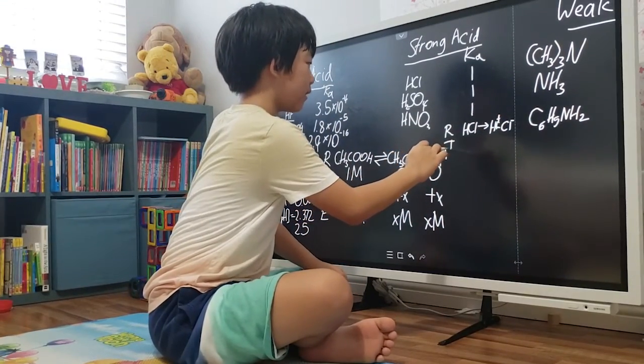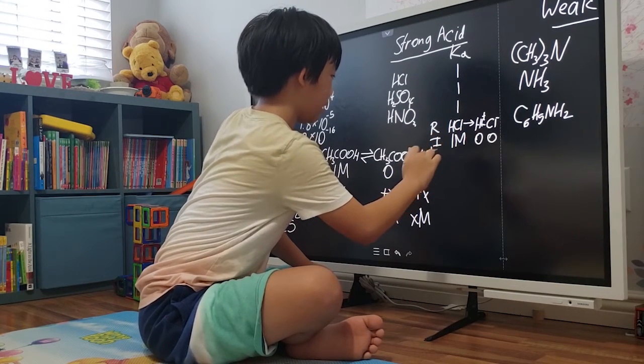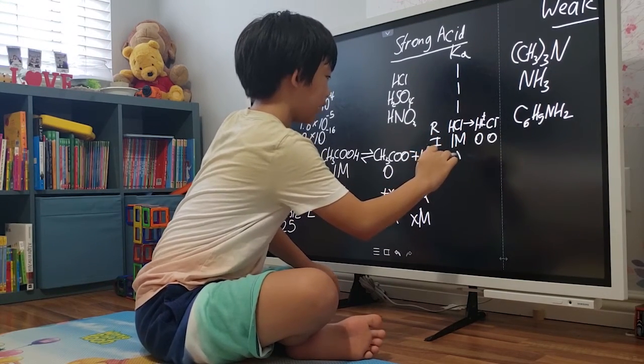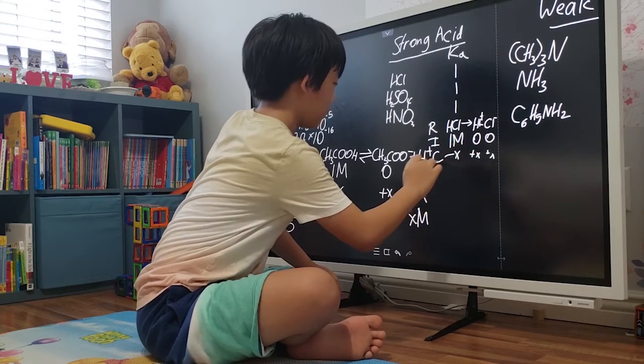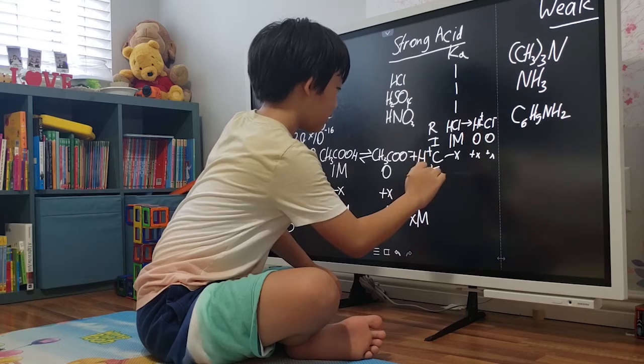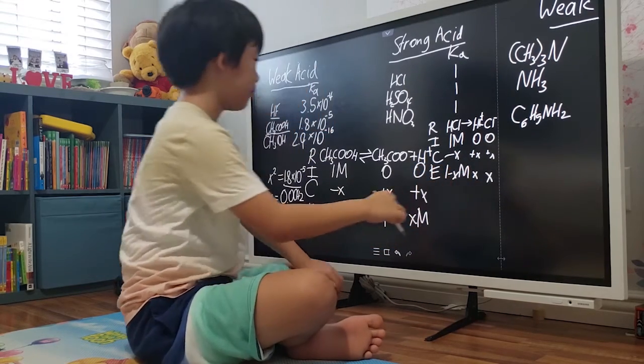Now I is 1 molar and 0 for both ions. C would be minus x, plus x, and also plus x. E equals 1 minus x and x for both of them.